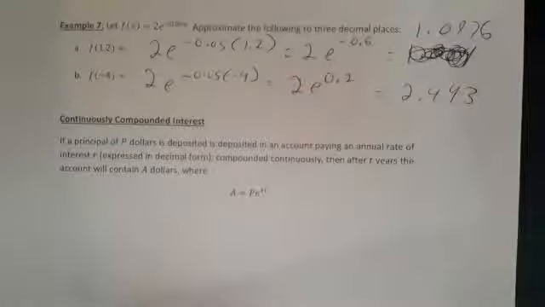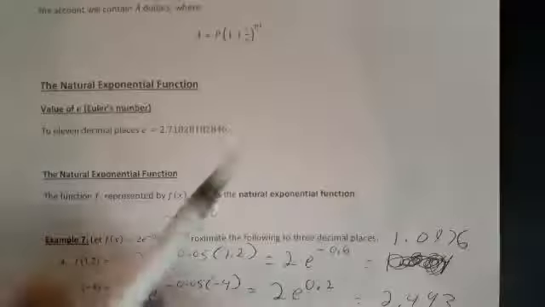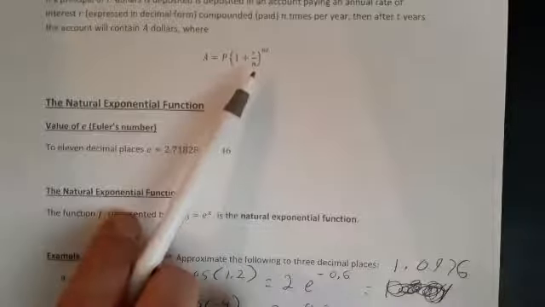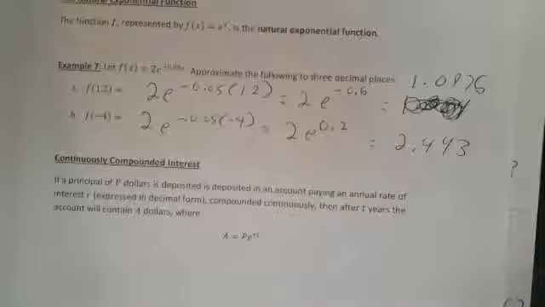And so some people memorize this as PERT, but this is continuously compounded. So this is like we let our n go to infinity. We're compounding this thing, or we're crunching this number, infinitely many times per year. We keep on getting it smaller and smaller, right? Okay. And you might notice if I say that out loud, it's not something you're actually going to be able to physically do.